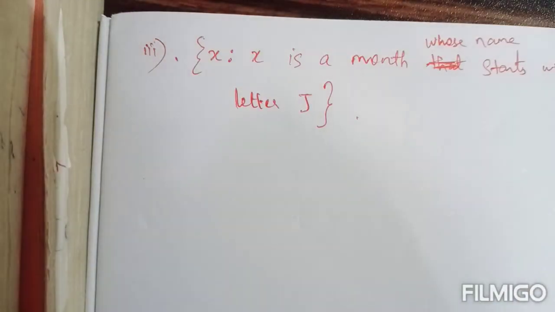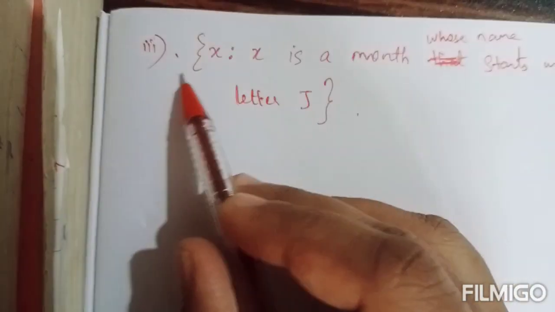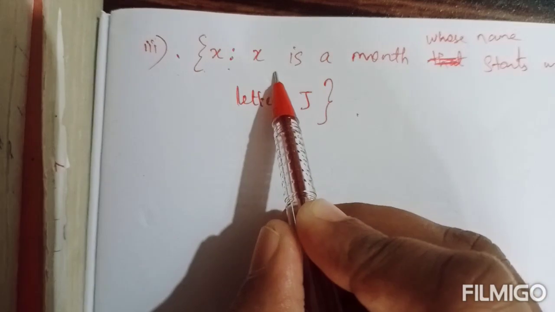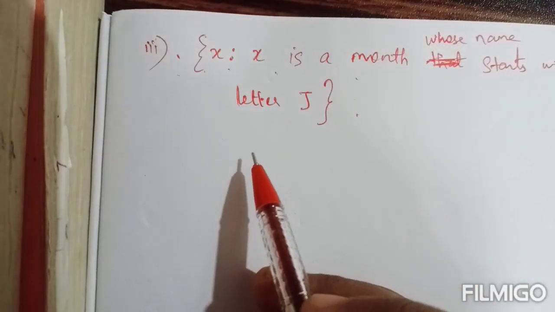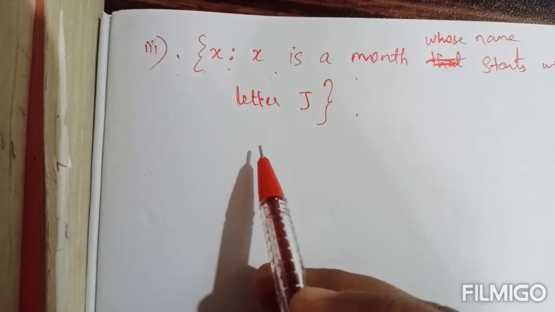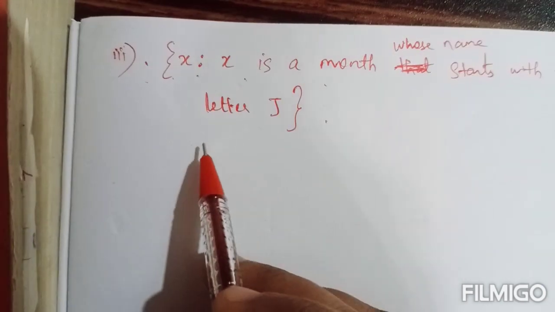Next, third one, January, June, July. So these are months that we know. Okay, and these months start with the letter J. Okay, so that we can write set of all x such that x is a month whose name starts with the letter J. This is the set builder form of that given set.